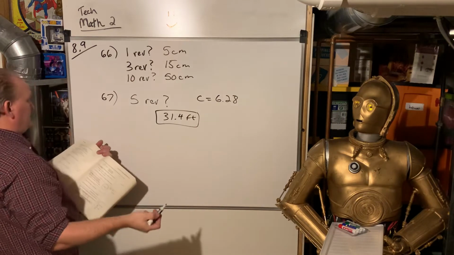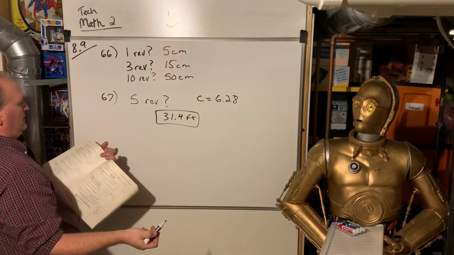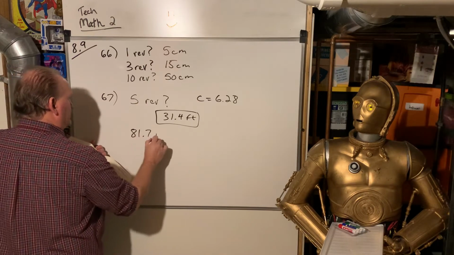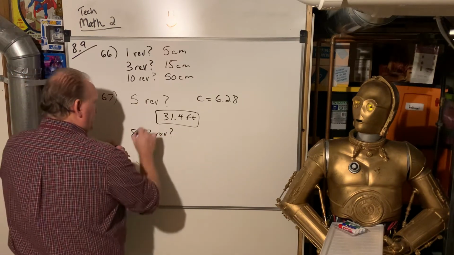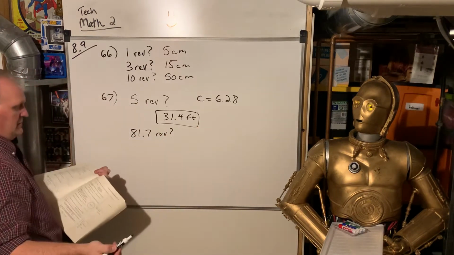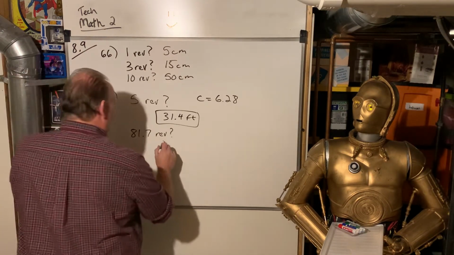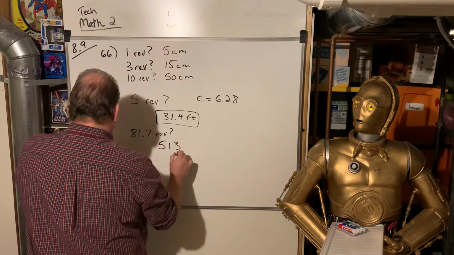And then if they said 81.7 revolutions, what a weird number. We'd take 81.7 times 6.28, and that would get us, rounded to a whole number, 513 feet.